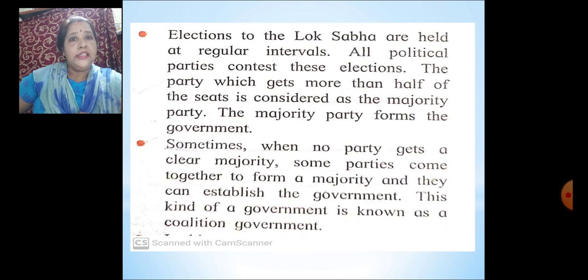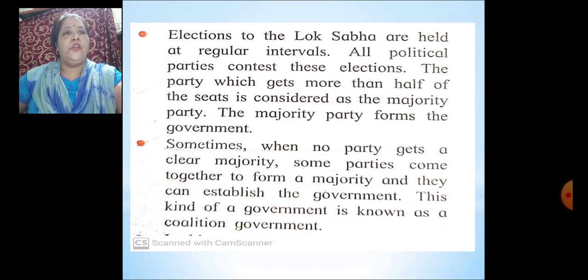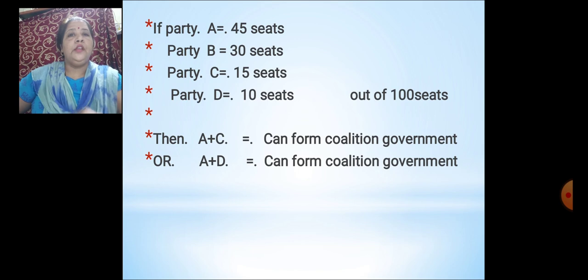What is it called? Coalition government. Now children, to make you understand this point very nicely, I have one example for you. Here, in an election, party A is getting 45 seats, party B is getting 30 seats, party C is getting 15 seats, and party D is getting 10 seats out of 100 seats.